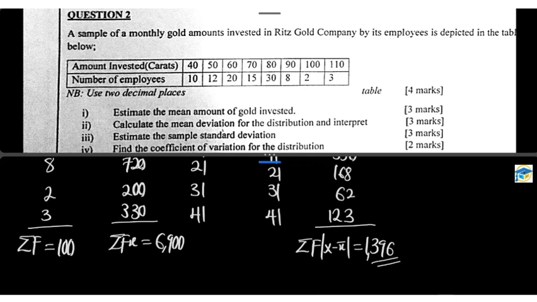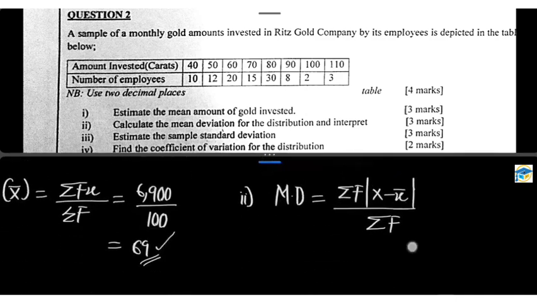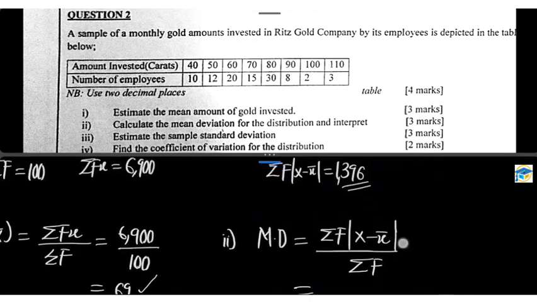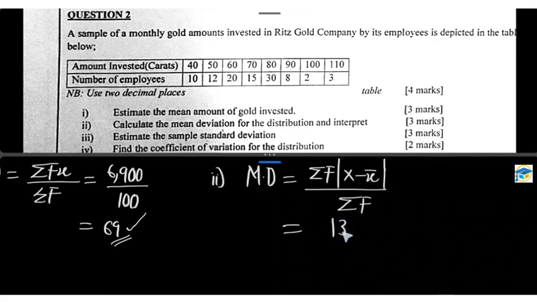So once you have gotten these values down, then we can go back to our requirement II. We are asked to calculate the mean deviation for the distribution and interpret them. So straight up we can say that the summation f multiplying x minus x bar, in this particular case we had 1,396, and then divided by the total frequency, which in this particular case was 100.